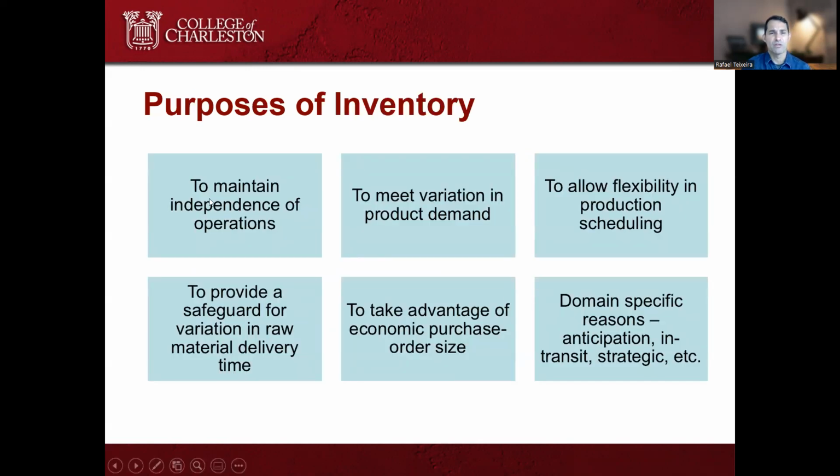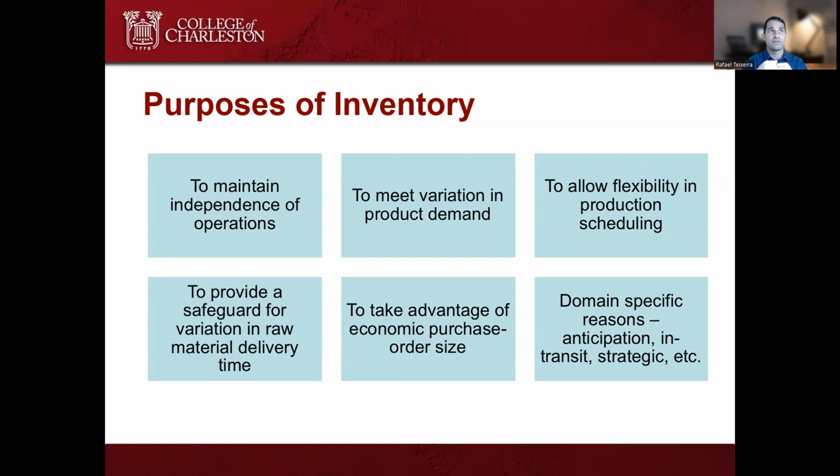What's the purpose of inventory? One of the purposes is to maintain independence of operations. Within a company, within a manufacturing process, there are many different processes going on at the same time. What inventory provides is enough parts to have all processes working or producing and not stopped, waiting for parts to come.